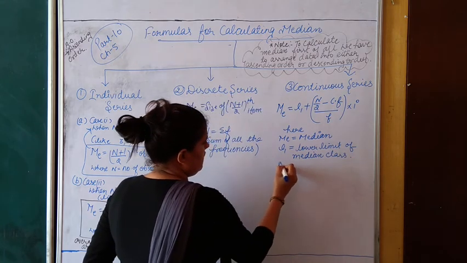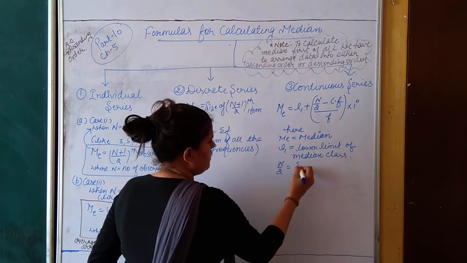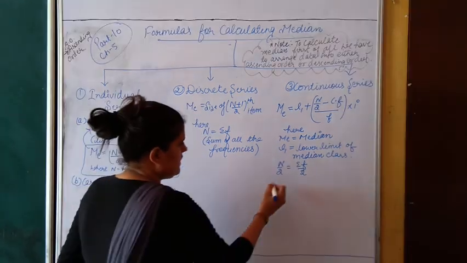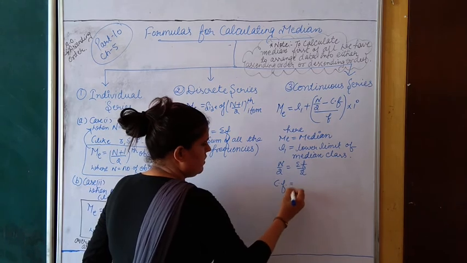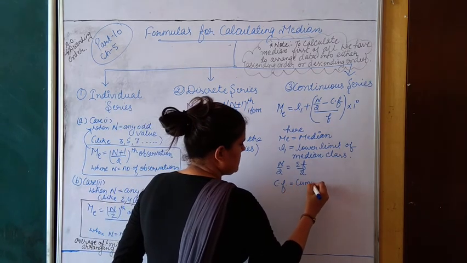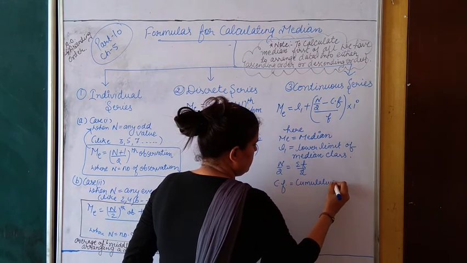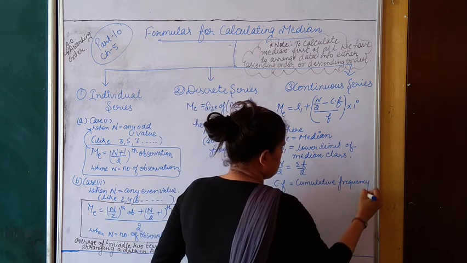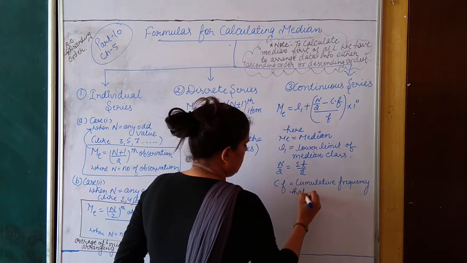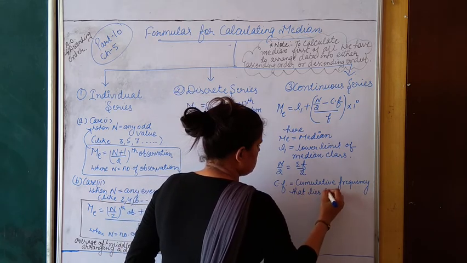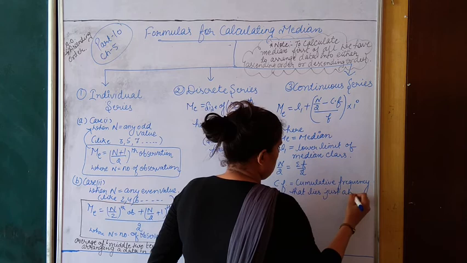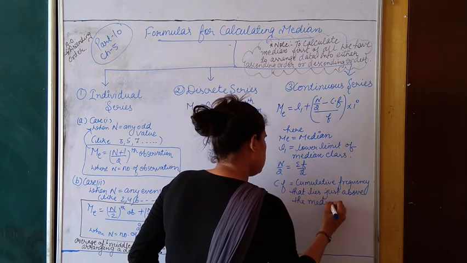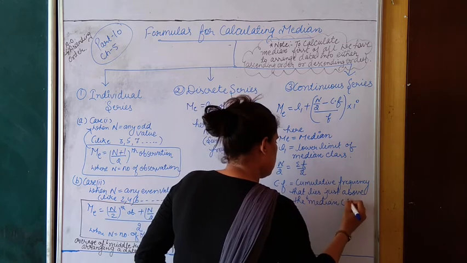Then n by 2 is your sigma f by 2, and Cf is your cumulative frequency that lies just above the median class.